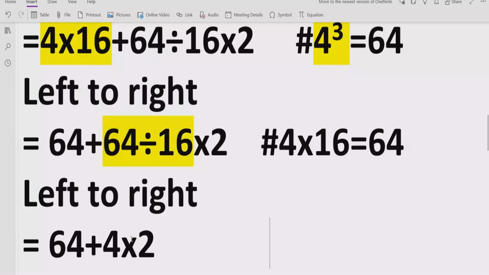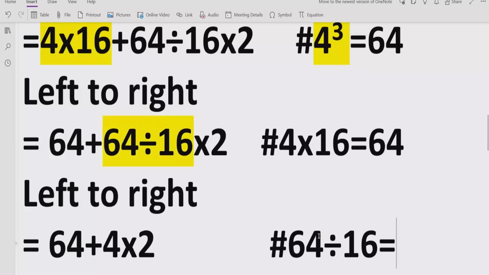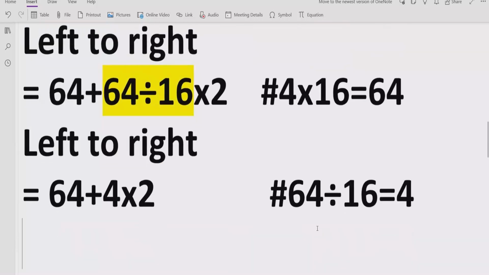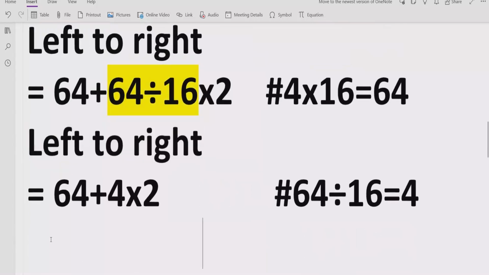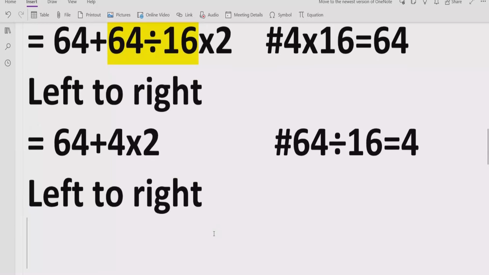And here we will give the reference 64 divided by 16 equals 4. Now move forward, we have to solve again multiplication and division.